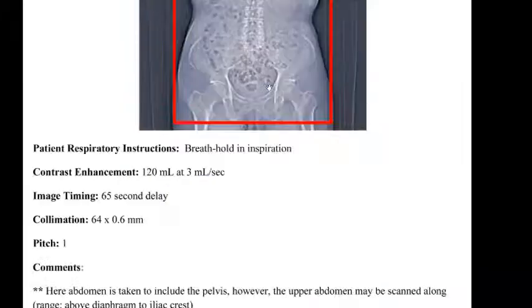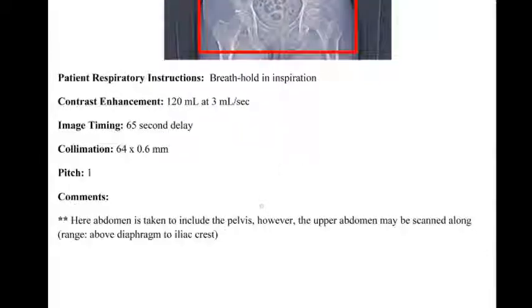So if we go all the way down and look, we notice that we see them here. Here the abdomen is taken to include the pelvis. However, the upper abdomen may be scanned by itself. And this is actually supposed to be alone. And the range for that is above the diaphragms to the crest. So we kind of modify what we're doing here.